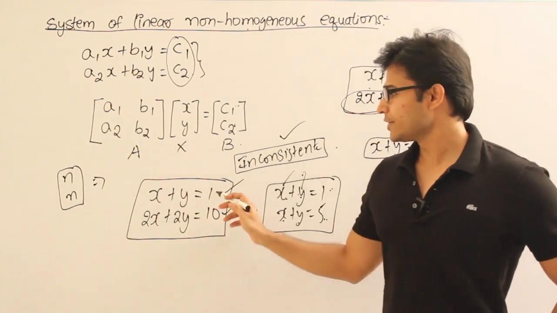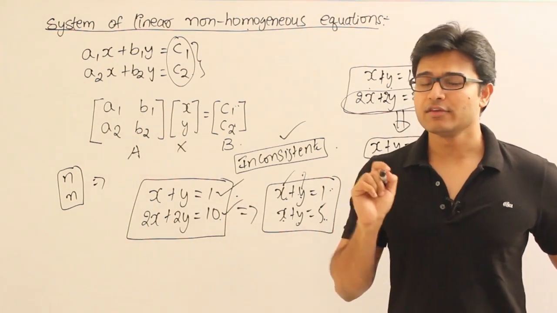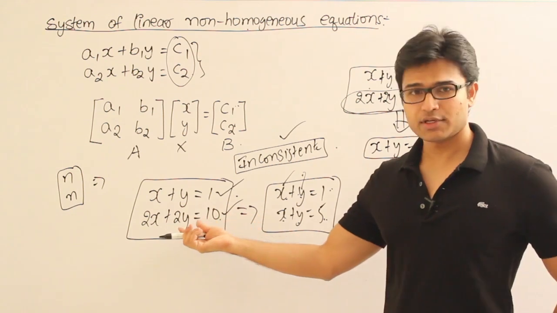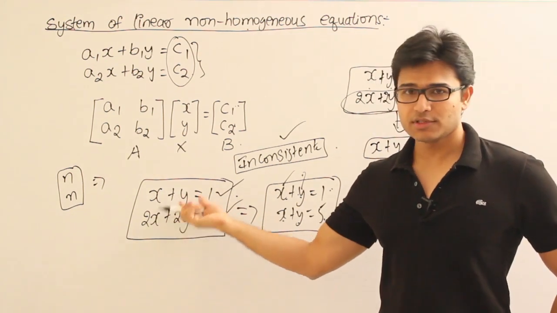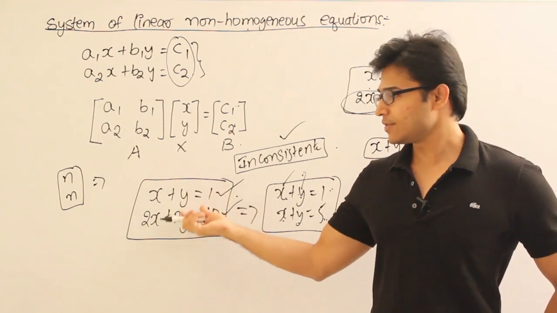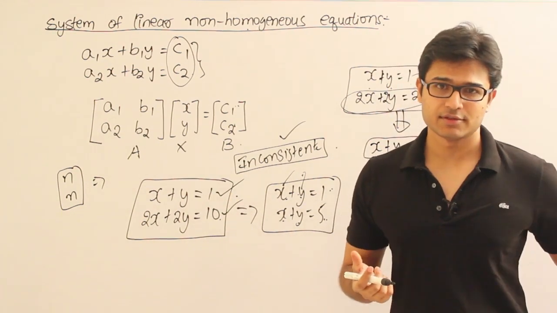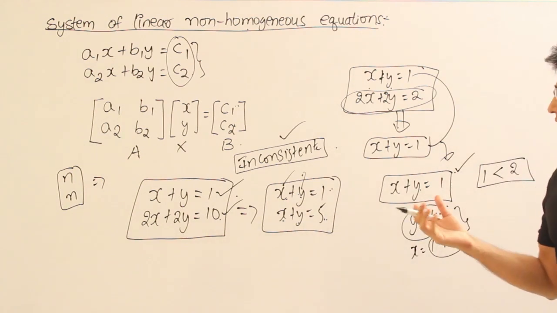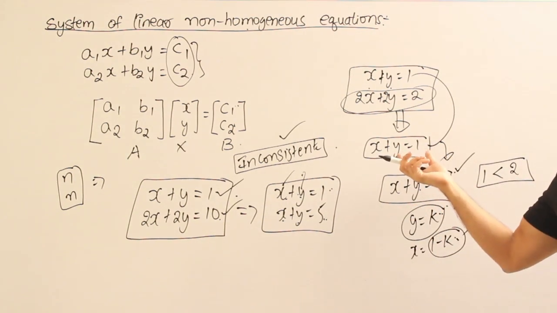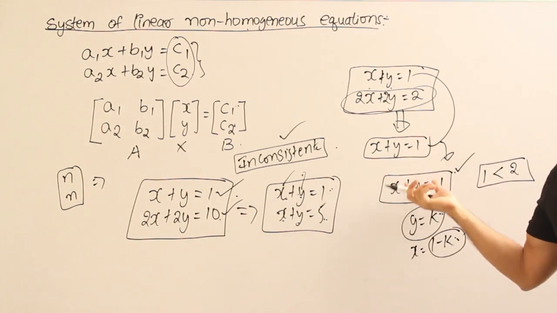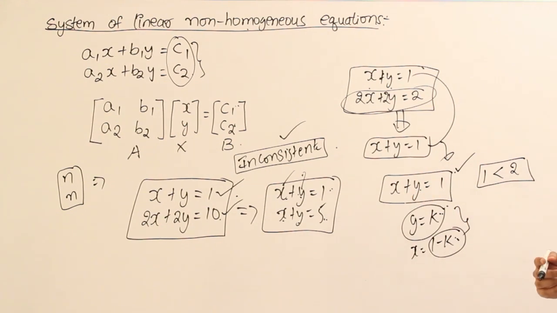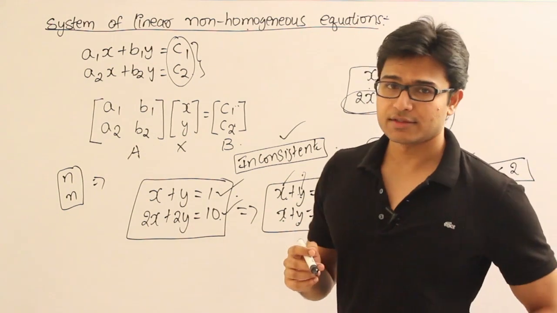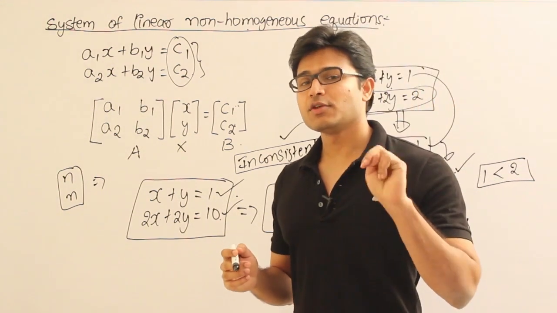One example is when the equations are inconsistent, you will never be able to solve them, since no value of x and y will satisfy both of them simultaneously. And if they are consistent, again you have to check whether there are infinite solutions or a unique solution. Therefore, coming to this non-homogeneous case, we have three cases. Coming to homogeneous, we had only two cases.